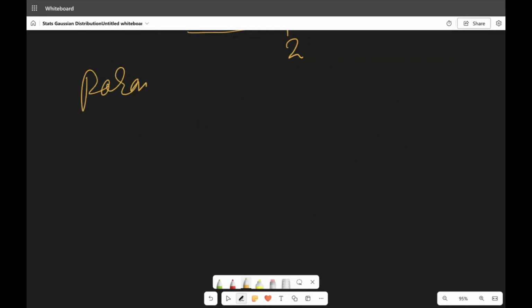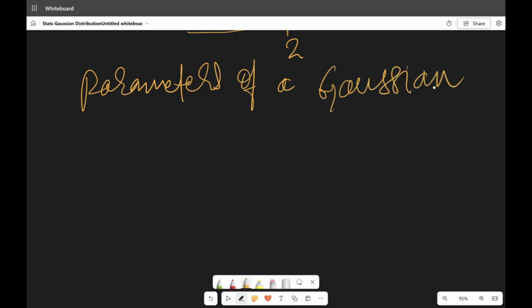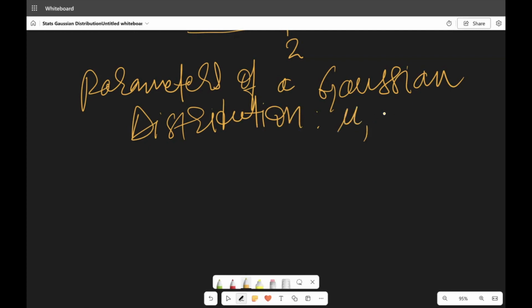Parameters of a Gaussian distribution: mu, sigma square. Sigma square is my variance, which means that if you just give me the mean and variance, I can tell you everything about the probability density function of a normally distributed random variable.